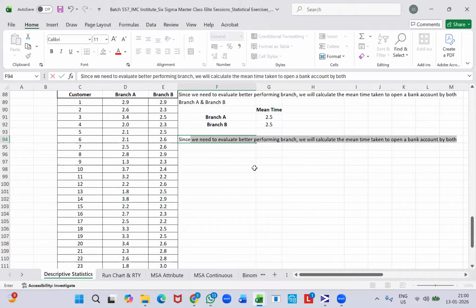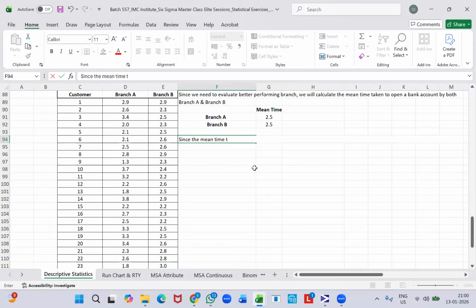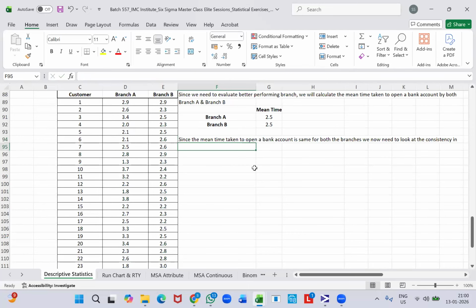So since the mean time taken to open a bank account is the same for both the branches, we now need to look at the consistency in performance to evaluate the better performing branch.